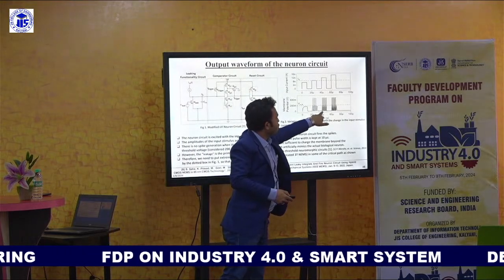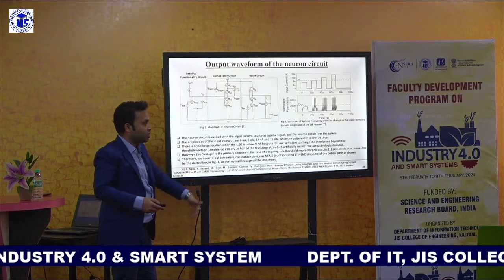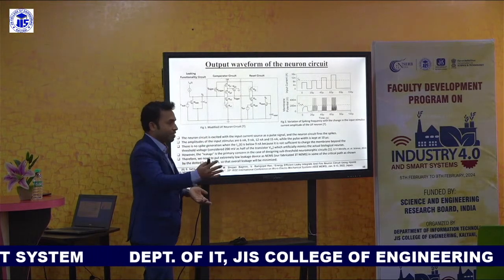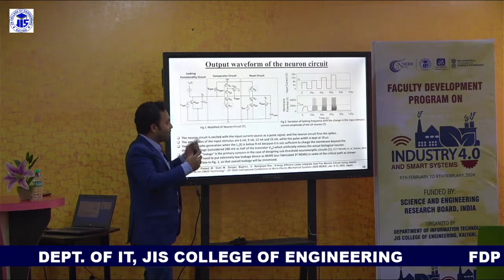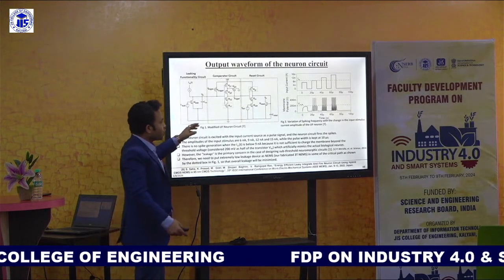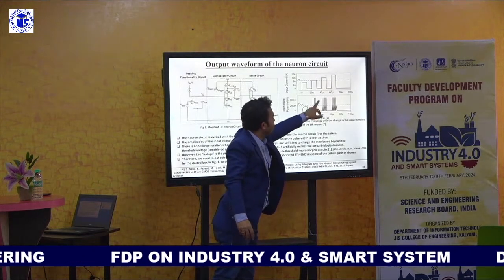Suppose you remember something I have told you today. If you want to recall it after 5 days, it will be in the form of spikes. In that way I modeled this circuit, and this is the model of spikes.